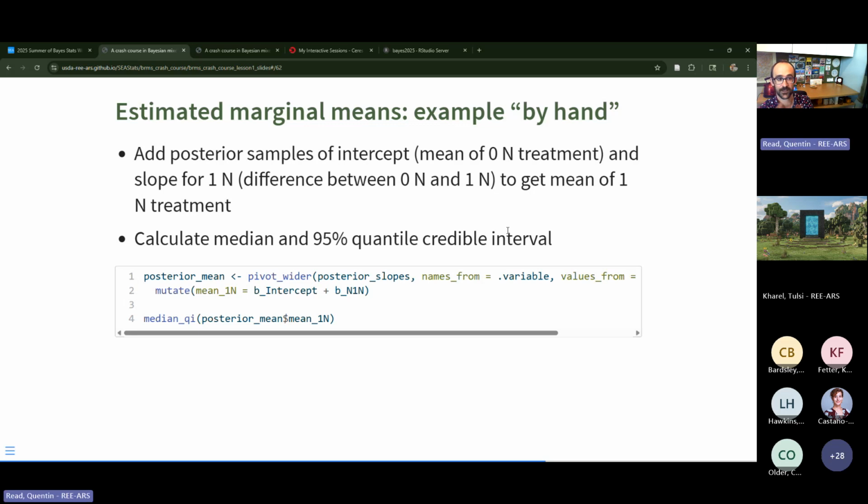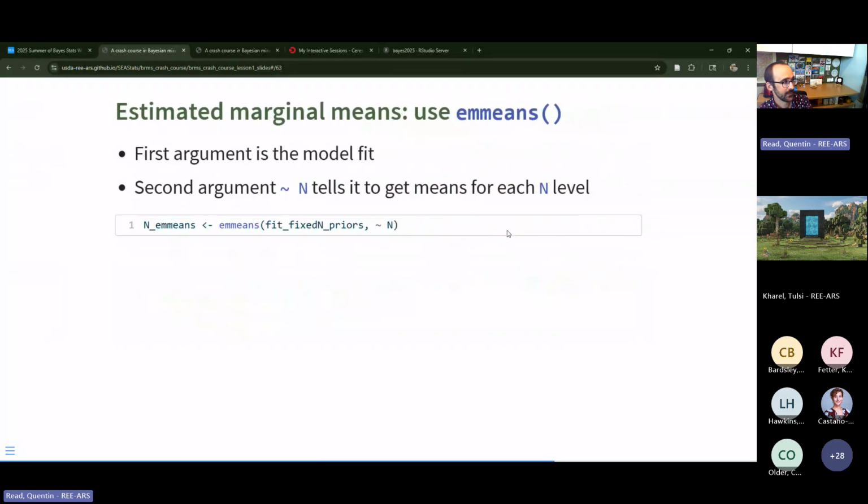But we don't always have to do this in such a long-handed way because there's a package called emmeans that will automate that process for us. It will give us the marginal means, the posterior estimates of the means for each treatment, without us having to go in and add and subtract intercepts and slopes and things like that. So I was just showing you that to show you how it works. And this is the quicker way that I would do it in practice.